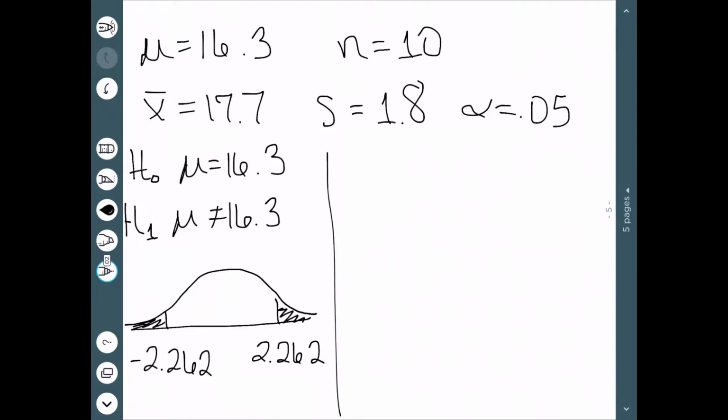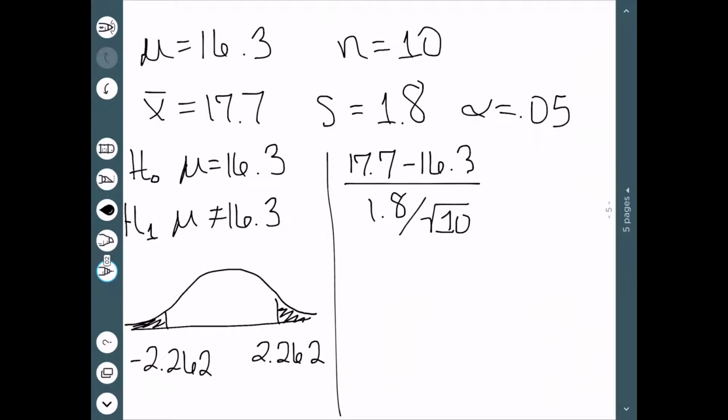The next step is to find our test value. That's x bar, or 17.7, minus mu, 16.3, over s, 1.8, divided by the square root of n, which is 10. And we get that the test value is roughly 2.46.